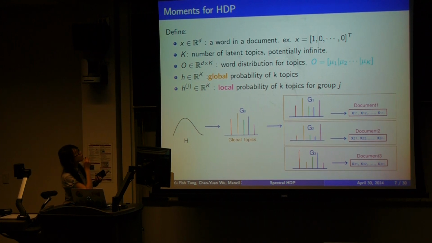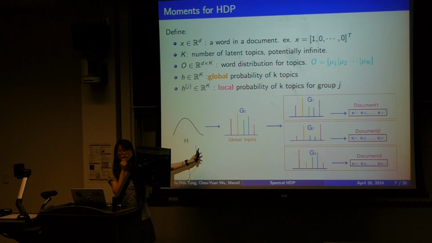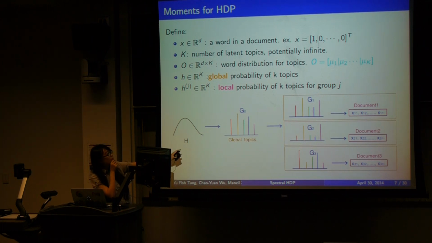Let's review the notation. X is a word in the document. H will generate a global topic. It's potentially infinite, but we know that some topics will have more obvious performance than others.